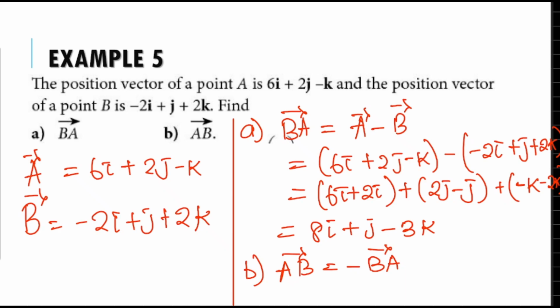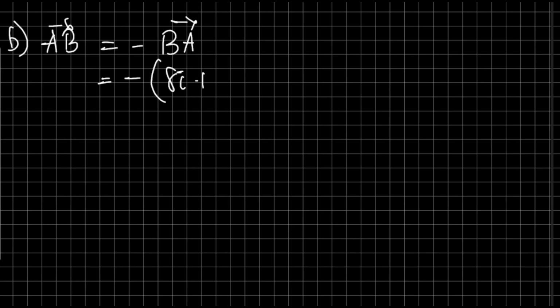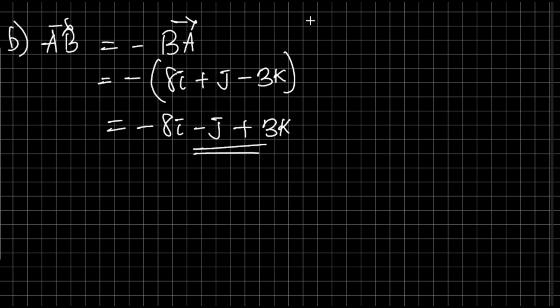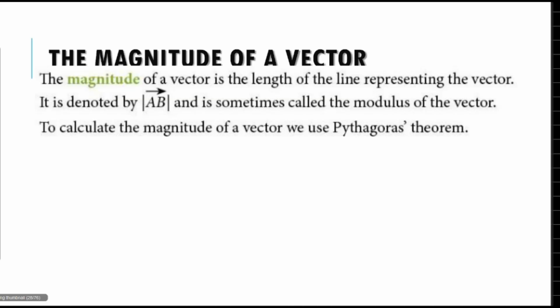So AB will be equal to minus BA, which is equal to minus of 8i plus j minus 3k. And that will be equal to minus 8i minus j plus 3k. So this is how you work with vectors.